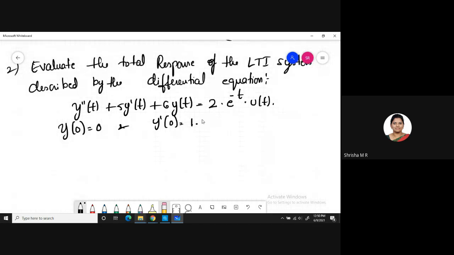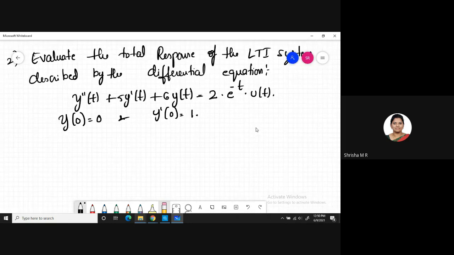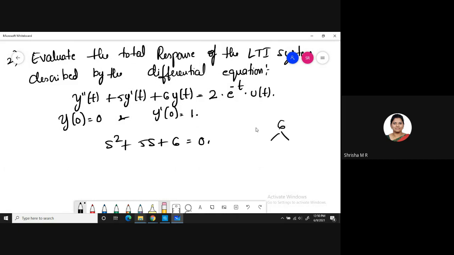What is the total response? It is natural response plus forced response. So let us find the roots of the characteristic equation: s square plus 5s plus 6 is equal to 0. What are the roots? 3 and 2, since 3 times 2 is 6 and 3 plus 2 is 5. So you get s equal to minus 2 and s equal to minus 3.